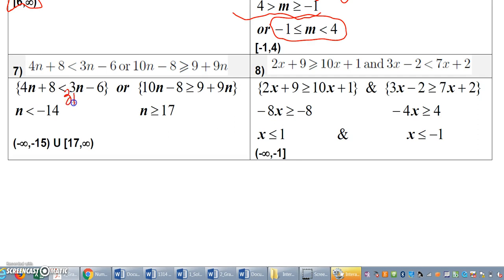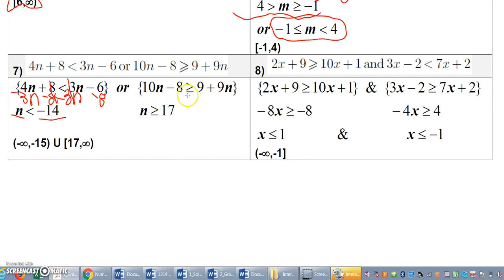So I took 3n away here, and then I took 3n away here, and that's how I got the n over here. And then of course the 3n's canceled there. And then I subtracted 8 here, and then I subtracted 8 here, and these 8's canceled, and I got -6 minus 8 gave me -14. So that one's n is less than -14.